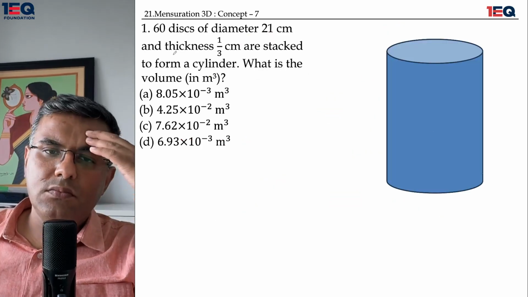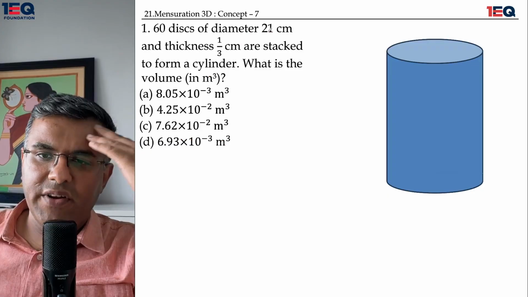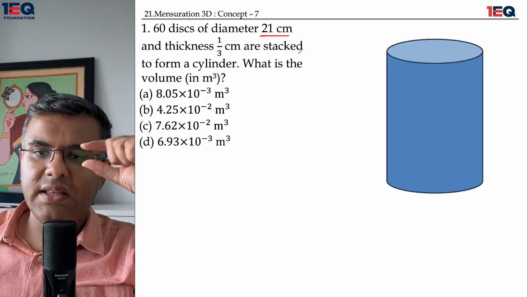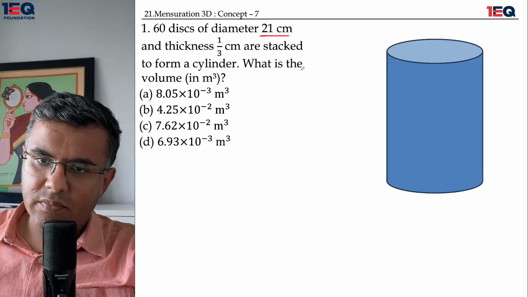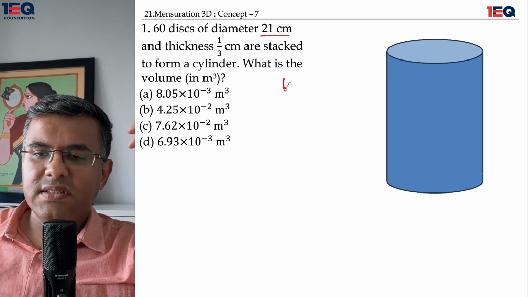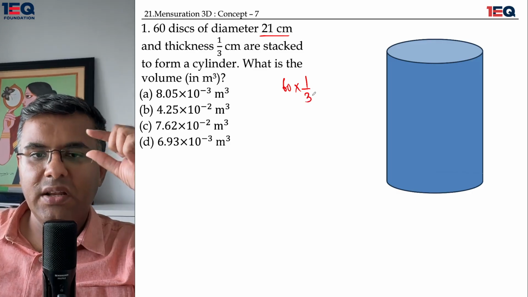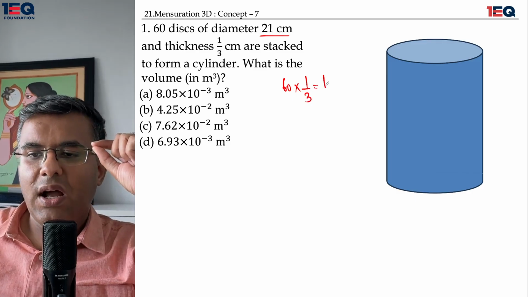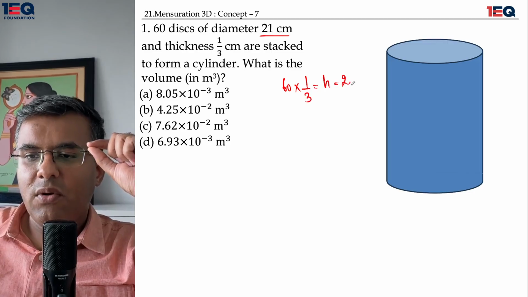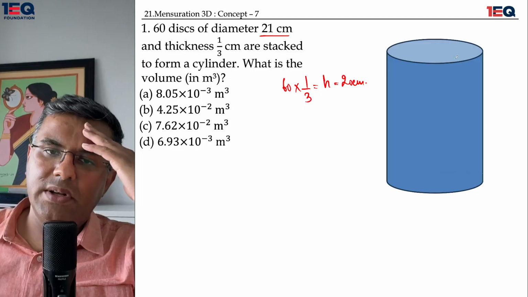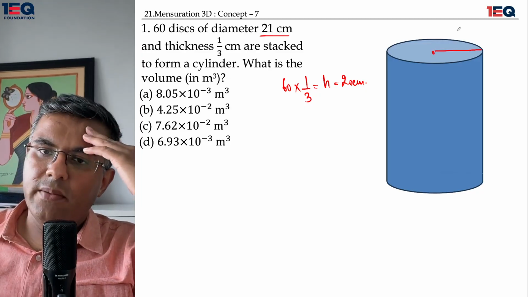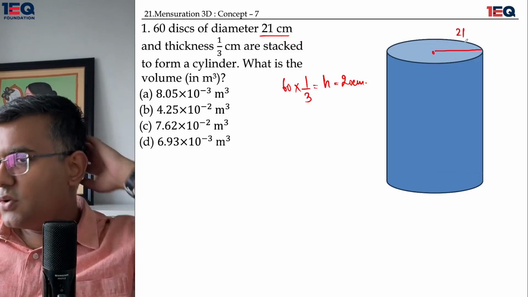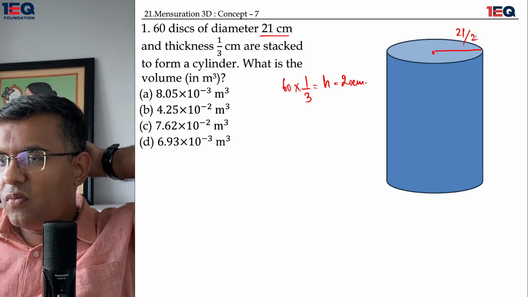Now, 60 discs of diameter 21 centimeters and thickness 1 by 3 centimeter are stacked to form a cylinder. If the discs are 60 in number and each of them are 1 by 3 centimeter in thickness, then the total height of the cylinder would come out as 20 centimeters. If the diameter is 21, so 21 upon 2 would be the radius.